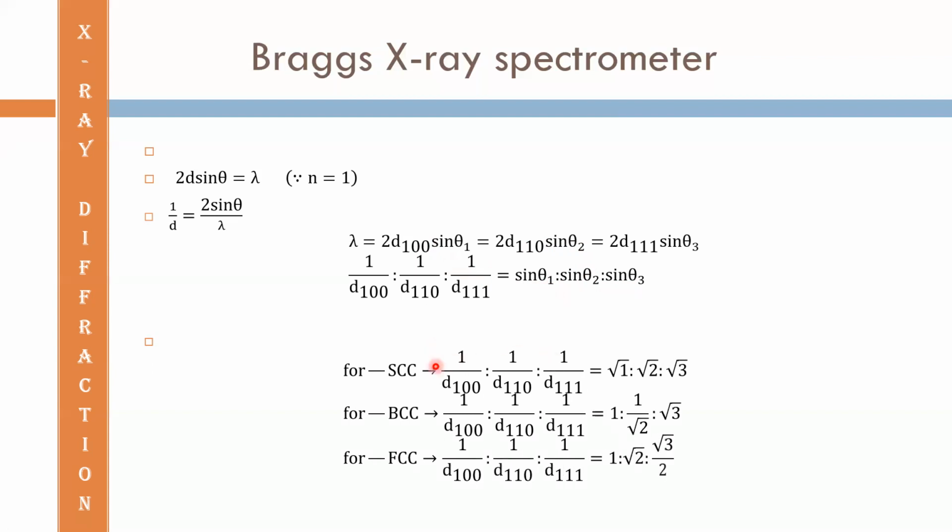And for simple cubic, this ratio is 1 is to root 2 is to root 3. For BCC structure, it is 1 is to 1 by root 2 is to 1 by root 2 is to root 3. And for FCC, it is 1 is to root 2 is to root 3 by 2. Okay.